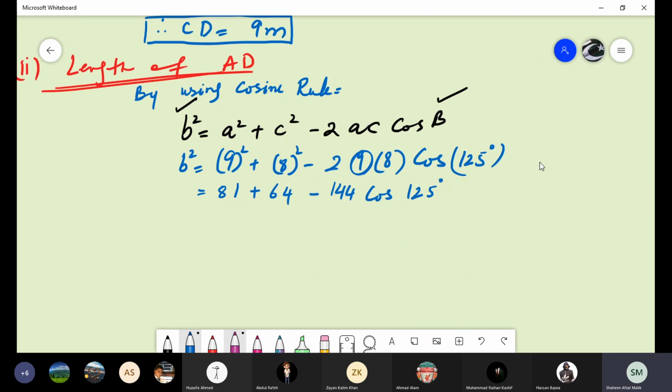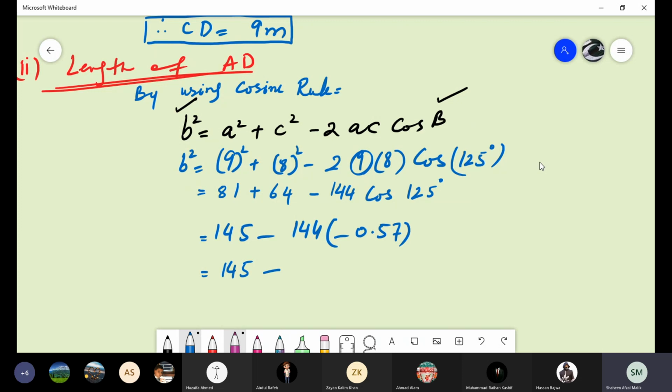We can multiply them together. 81 plus 64 is 145. 145 minus 144 times cos 125, which is minus 0.57. Okay, multiply with 144. 144 multiplied by 0.57 is 82.08.